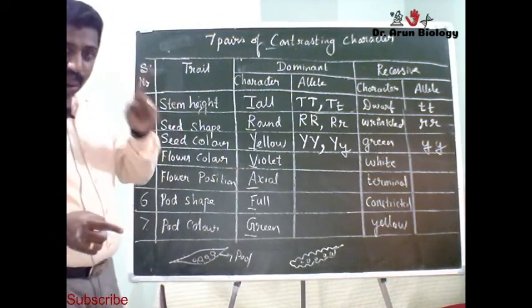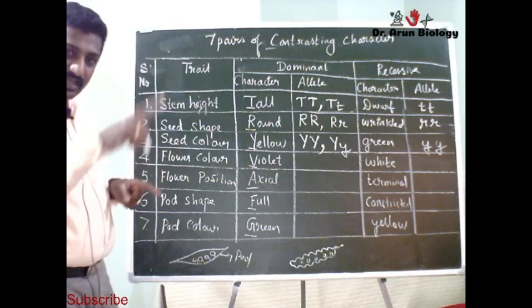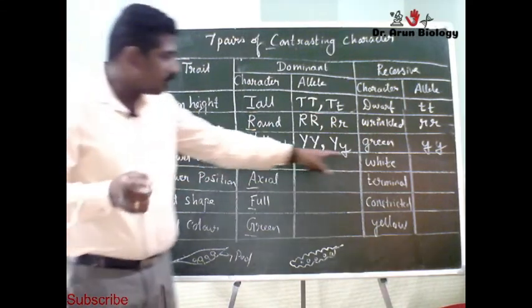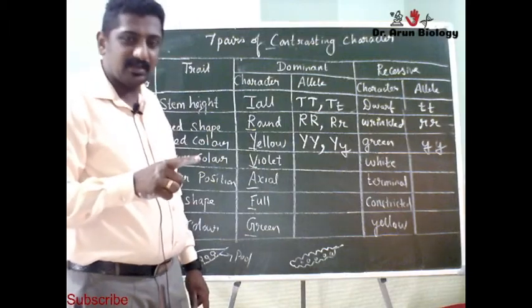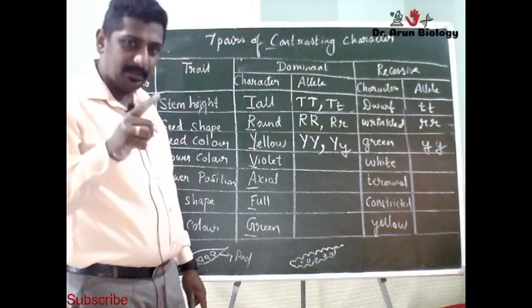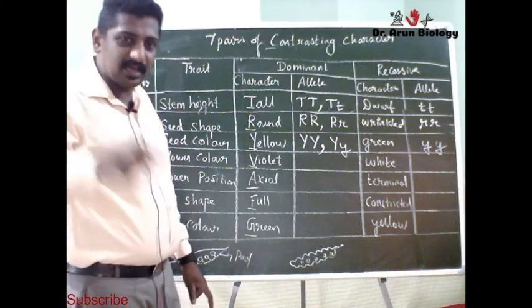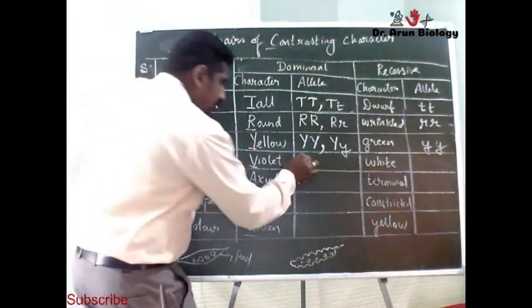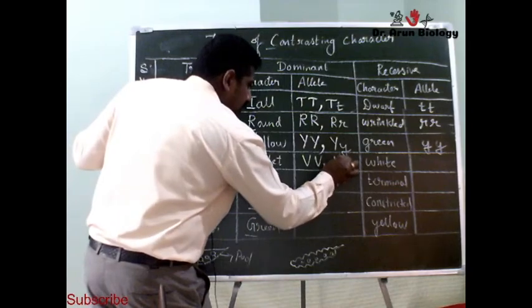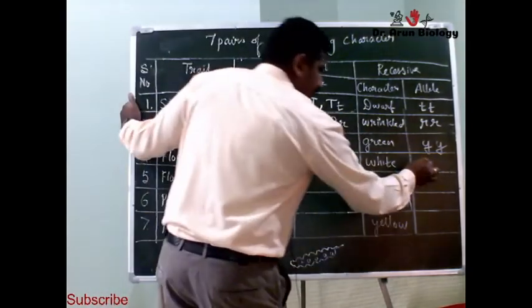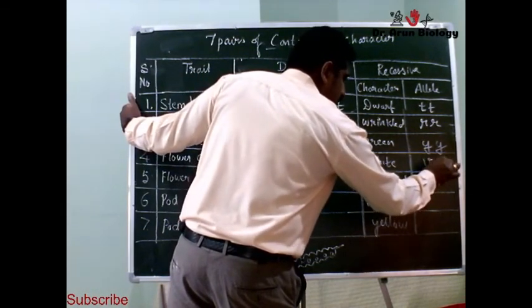In your NCERT textbook, there is a mistake that with a test cross they have given W. That is really wrong. In the NCERT book it is given as small w and capital W, but in the recent edition they have changed it, children. So we have capital V, small v, and for the recessive trait, small v.